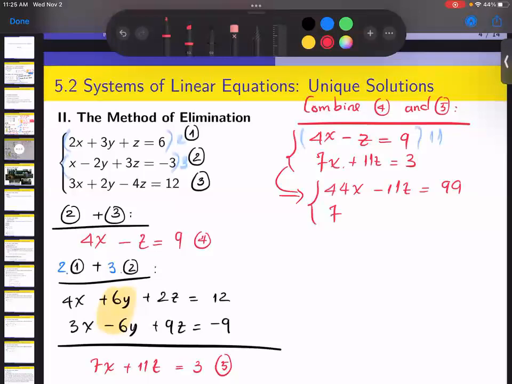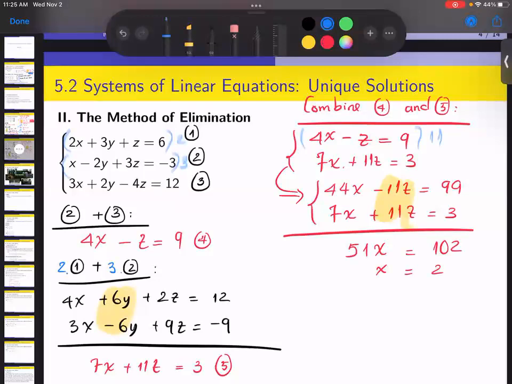Rewrite the bottom one. 7x plus 11z equal 3. Add them. That's 0. 44 plus 7 is, what is that? 51x equal 102. Divide both sides by 51. X is 2.